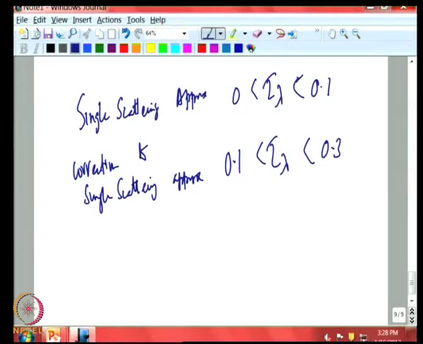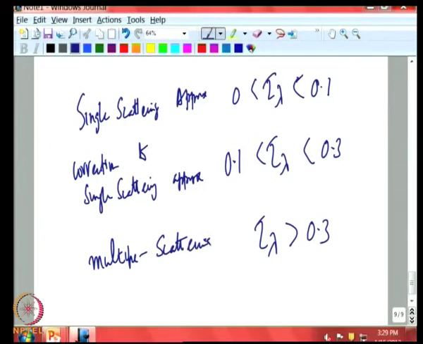But once you go beyond 0.3, then unfortunately the multiple scattering is unavoidable. So, once you go to high optical depth, multiple scattering phenomena is very much in the picture, and you need to do that.